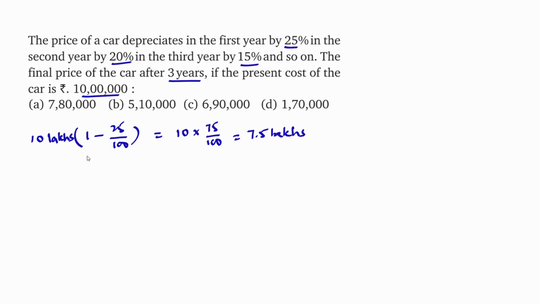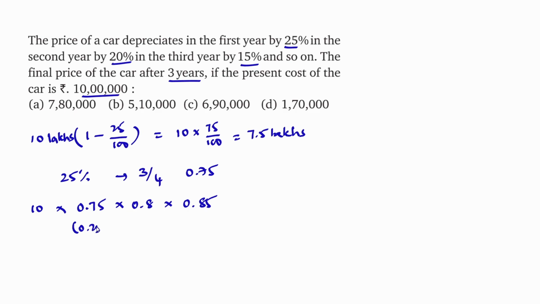Instead of doing this every time, we could just convert the percentages into fractions. When we reduce something by 25%, it is equivalent to multiplying it by 3 by 4, or in decimal form 0.75. So our answer is 10 lakhs times 0.75 times 0.8 times 0.85, for each of those percentages given in the question, that is 0.25, 0.2, and 0.15 respectively.